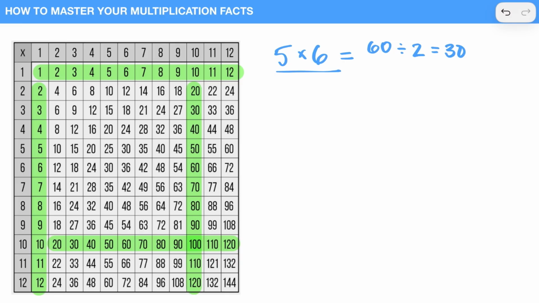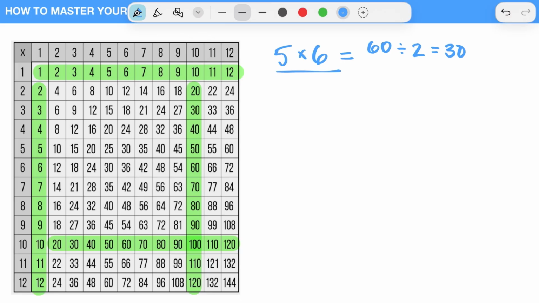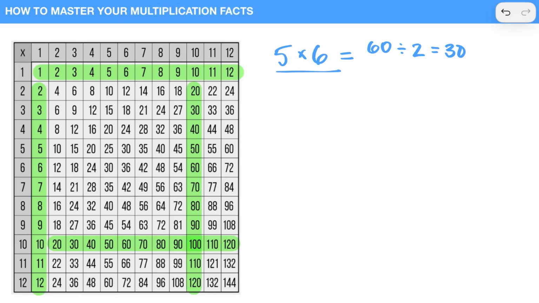So 5 times anything, you add a 0 to it, and then divide by 2, and you get your answer. 5 times 6 is 30. So let's go ahead and highlight the 5s column. Boom and boom. Great.